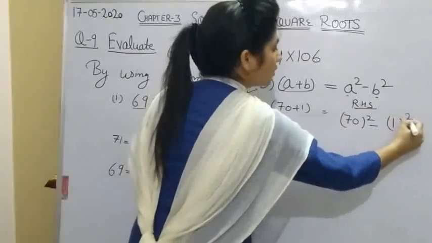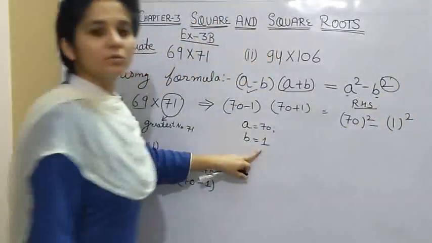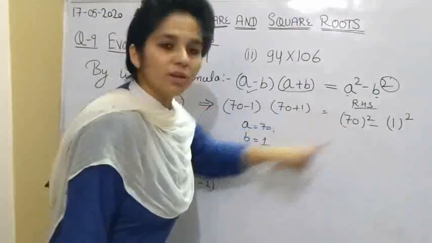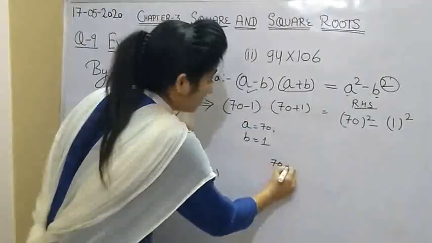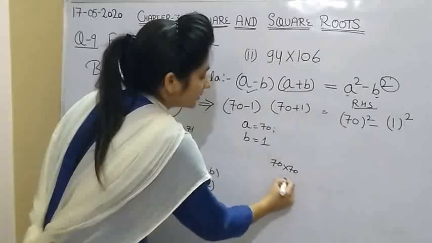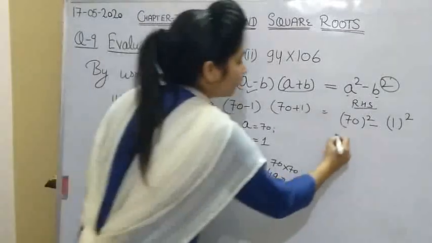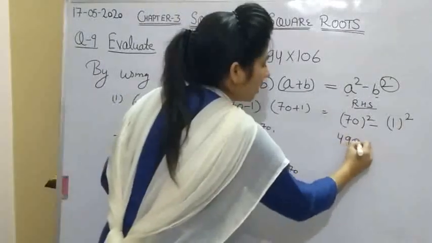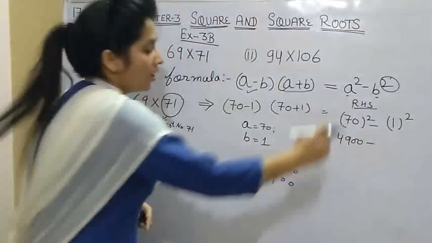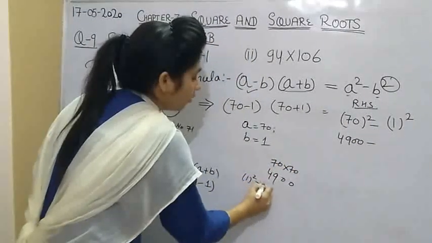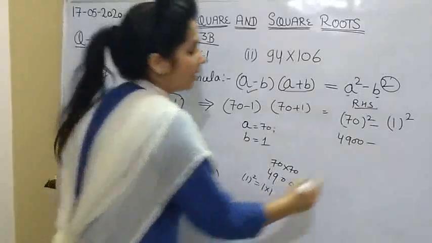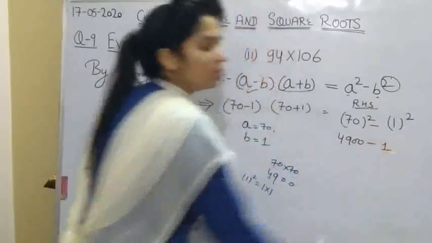You can write 1 square. 70 square means 70 multiply 70, that is equal to 4900. 1 square means 1 multiply 1, that is equal to 1.